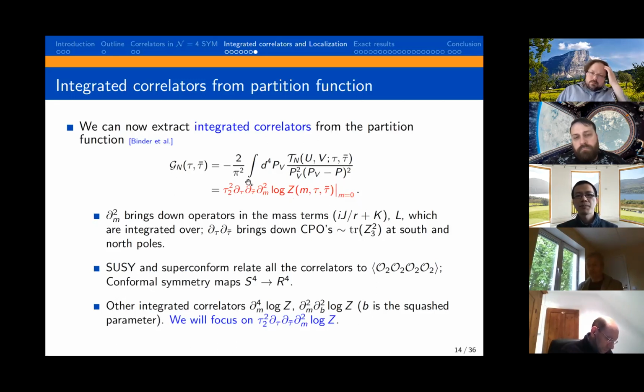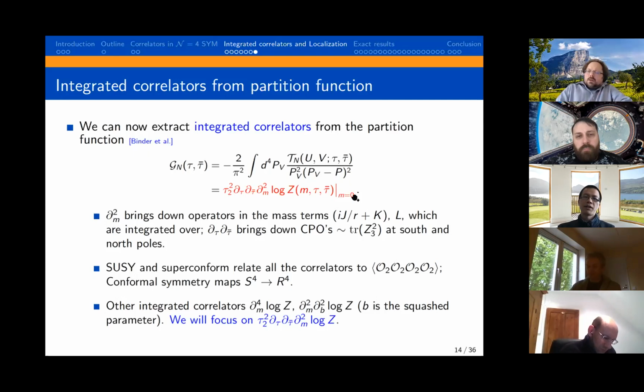The relation is simply that you can take 4 derivatives with respect to the parameters in the theory. You take 2 derivatives with respect to mass, and that's why I introduced the mass. Then you take another 2 derivatives with respect to the coupling and set the mass to 0.